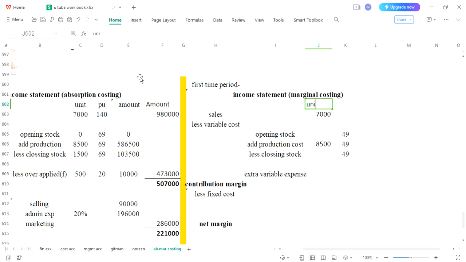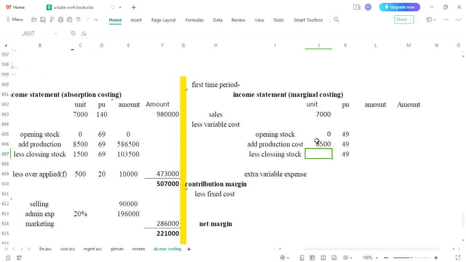You will write units here, per unit, amount smaller, amount larger. Units have been completed over here. So opening stock for first time period, as you are doing this question for first time period, there would not be any opening stock at the start. Put 0.